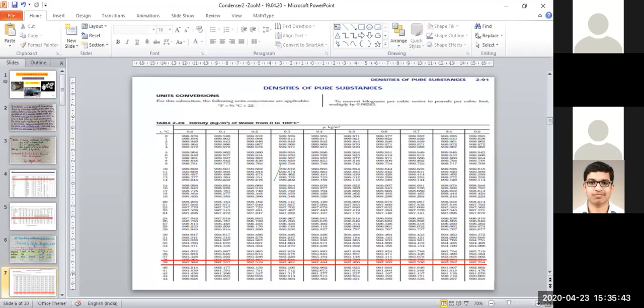See here. Please write down the page number. Density of water is on page 291. So derive all the properties of water.